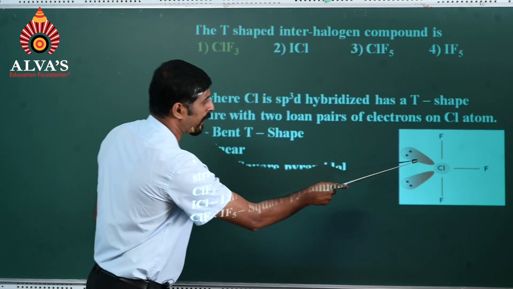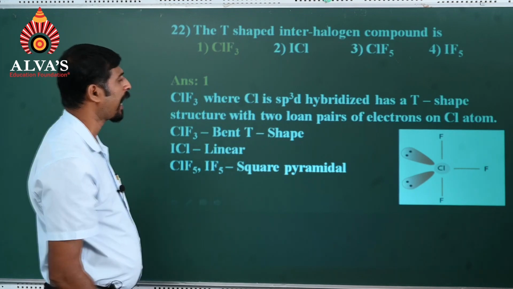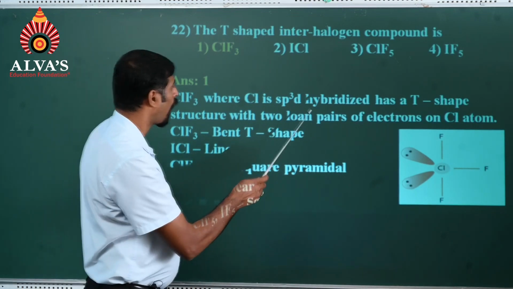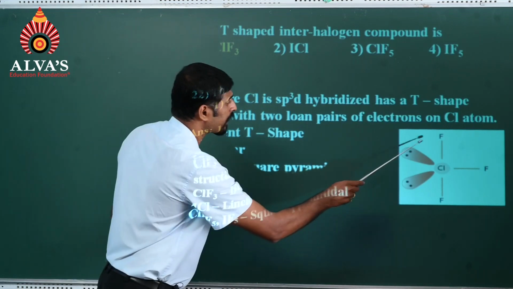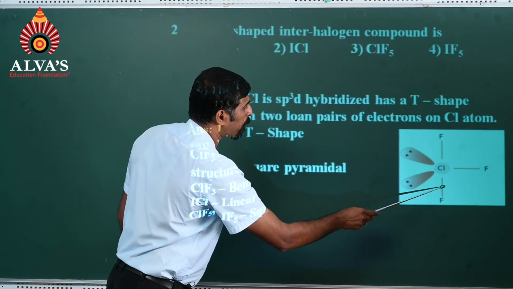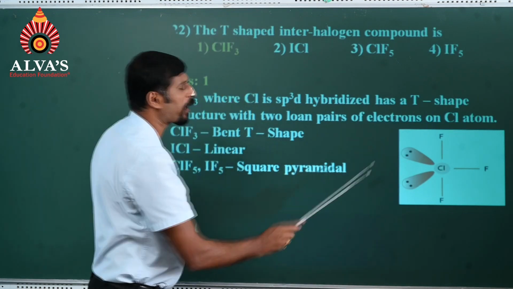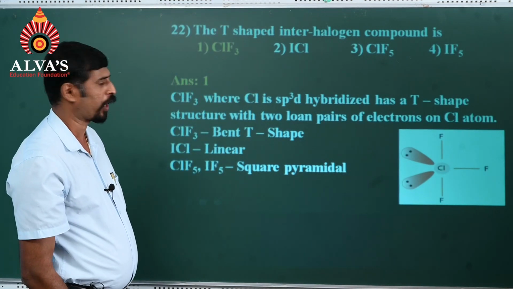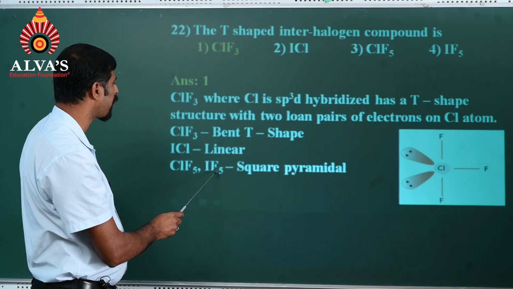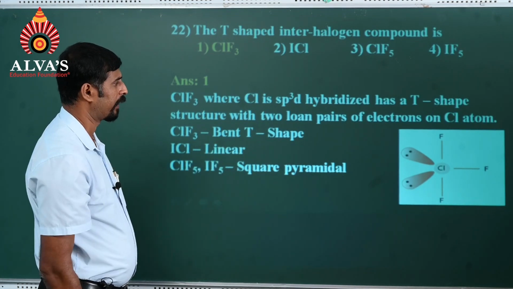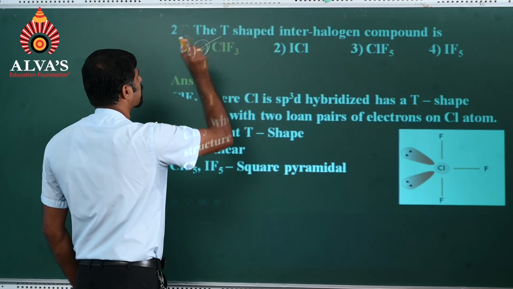It is like this, bent T shape, where it undergoes sp3d hybridization, and among these 5 hybrid orbitals, 3 hybrid orbitals are occupied by fluorine and 2 hybrid orbitals are occupied by lone pairs of electrons. ICl is linear, and ClF5 and IF5 are square pyramidal. Therefore, option first is the right answer.